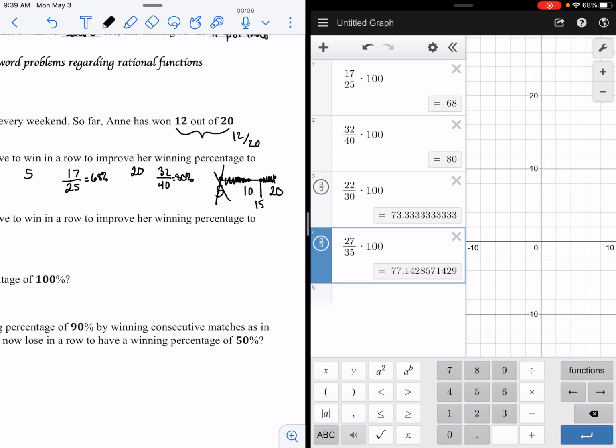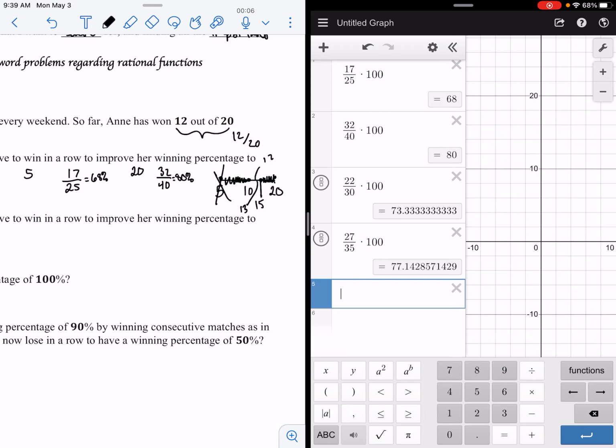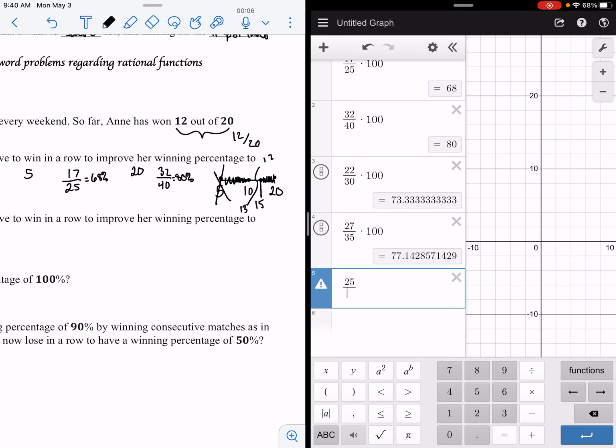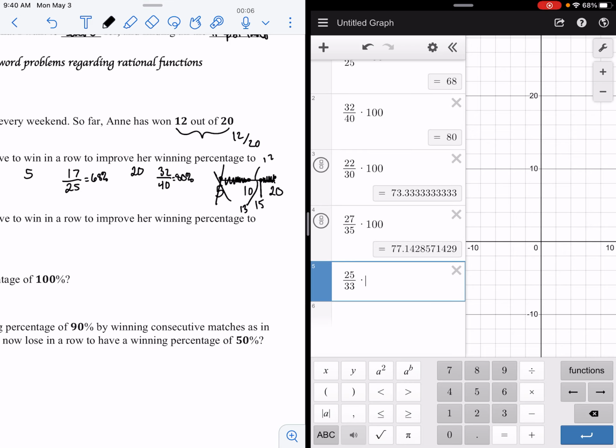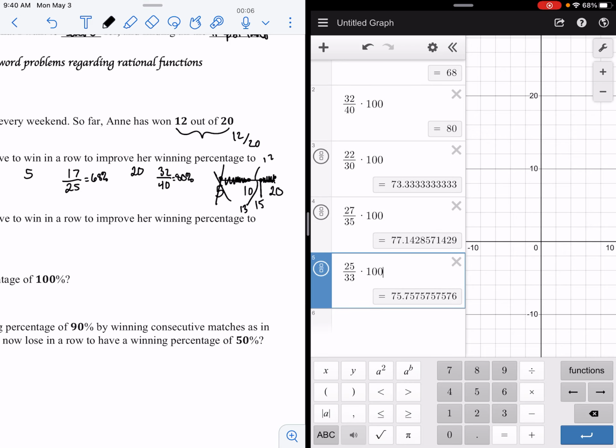If I split that in half and use 12 and 13, I'm going to use 13. She will have won 25 matches, and she will have played a total of 33. Multiply this times 100.